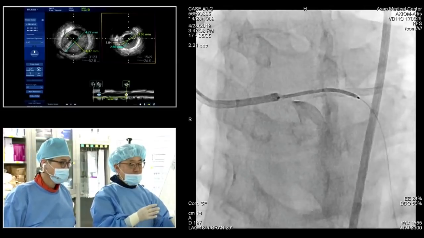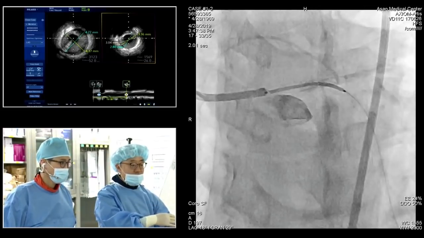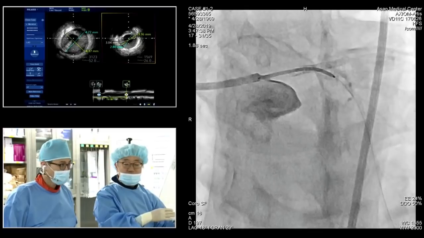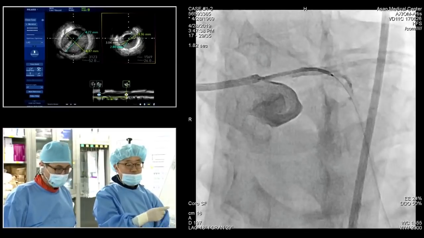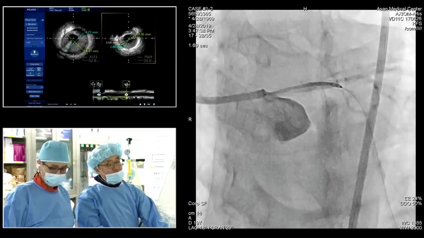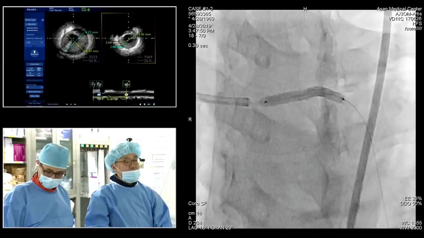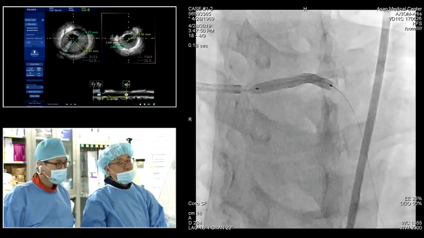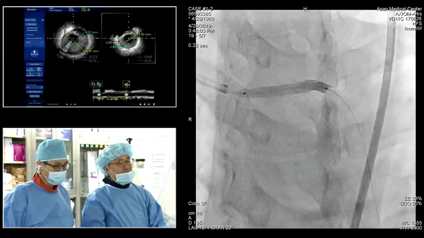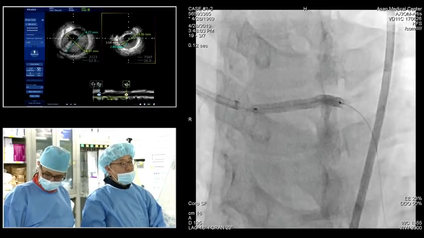This is a shallow epicranial view. This is a nice view to exactly position the left main ostium. This is 3.5, and the next one. So this is 3.5, and the next one. Okay, slightly pull back the 3.5, next one.